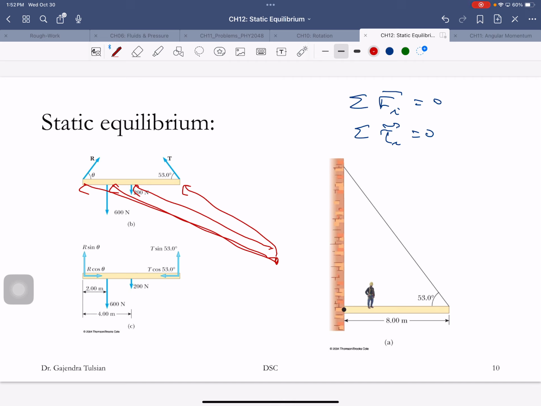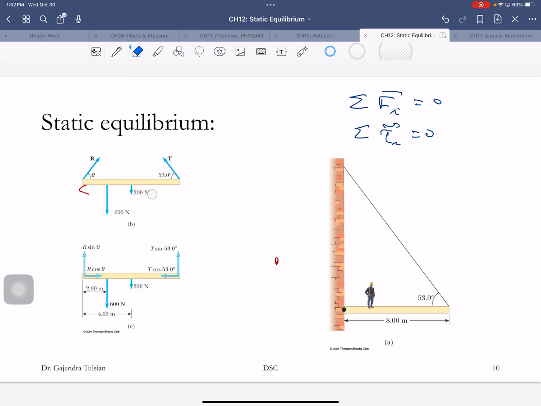Center of gravity? Okay, so here's the thing. First, if the sum of the torques is 0, then you can calculate the torque about any point and it won't matter. What point do you want to calculate about? So let's say in your problem you don't want to solve for this guy. Then you calculate the torques about that point and that guy is eliminated.